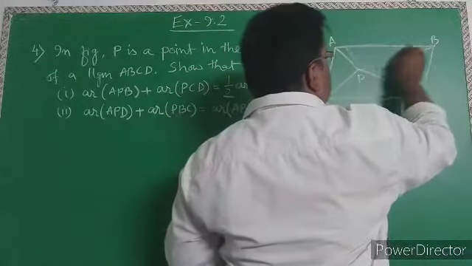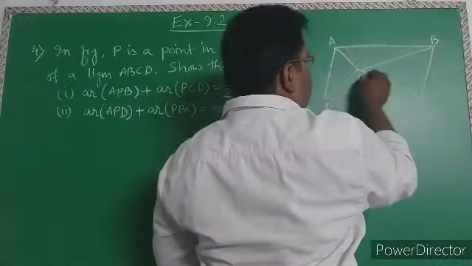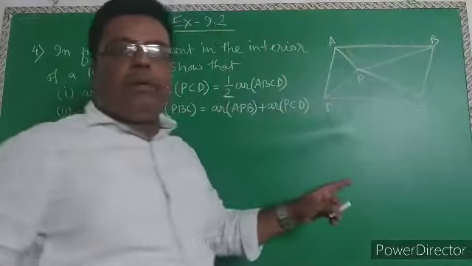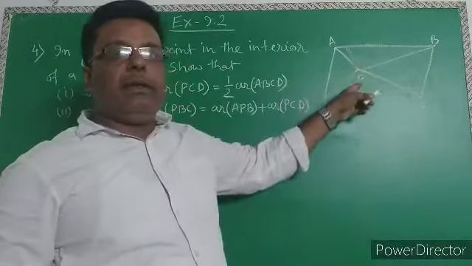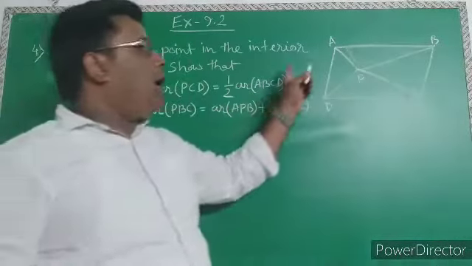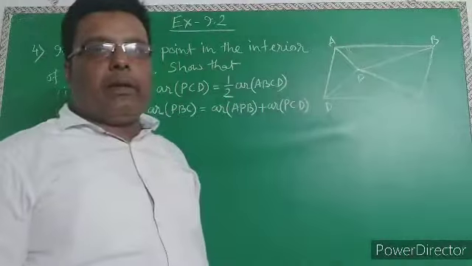I have to show that this triangle plus this triangle, area of both these triangles, is equal to half of the area of ABCD. This is half of this parallelogram.